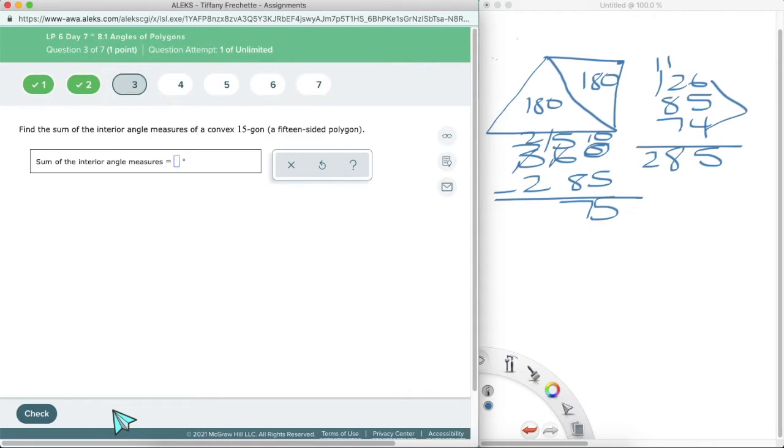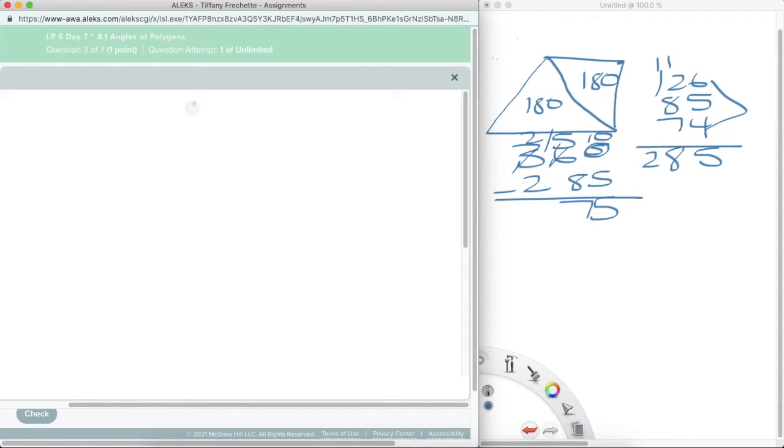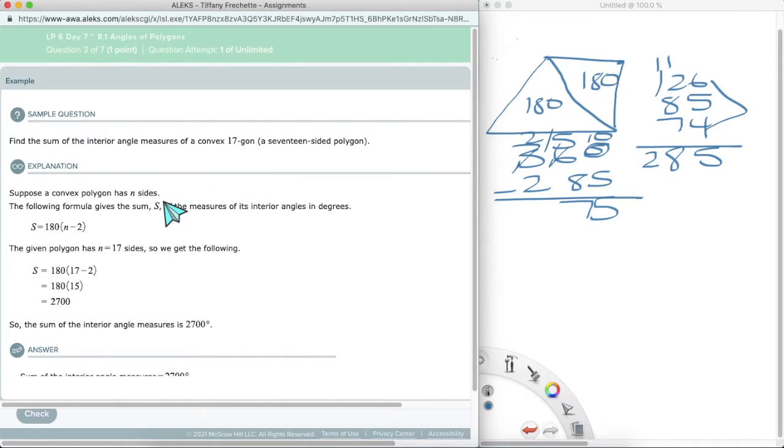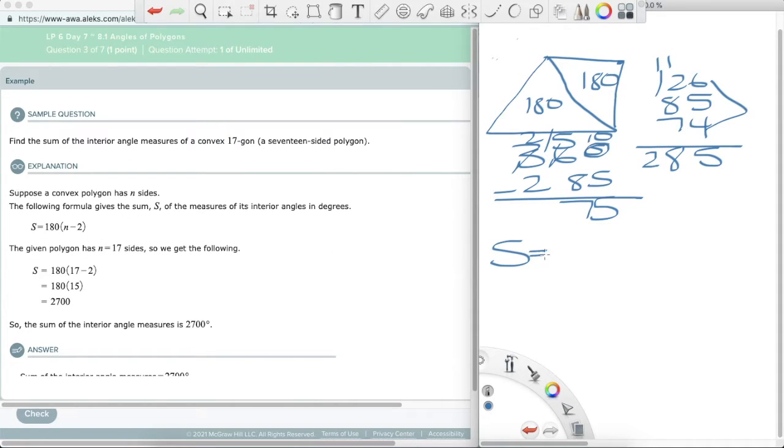This is another one where we do need the formula, because this one gets a little different. If it's a four-sided quadrilateral, then it adds up to 360. Once we start getting more sides, we want to remember this formula: S equals 180 times n minus 2.